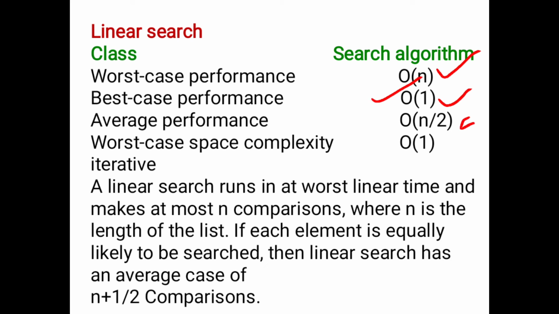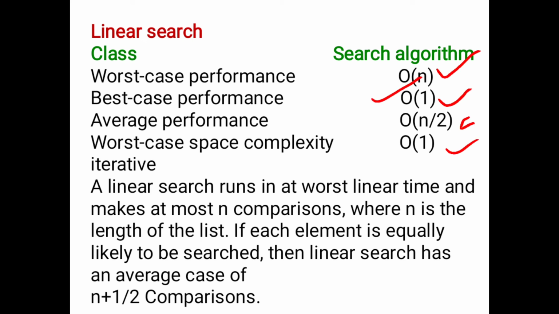Worst case means there is no such element in the array, so we take a lot of time to search for that element and the time is wasted. The space complexity is big O of 1.